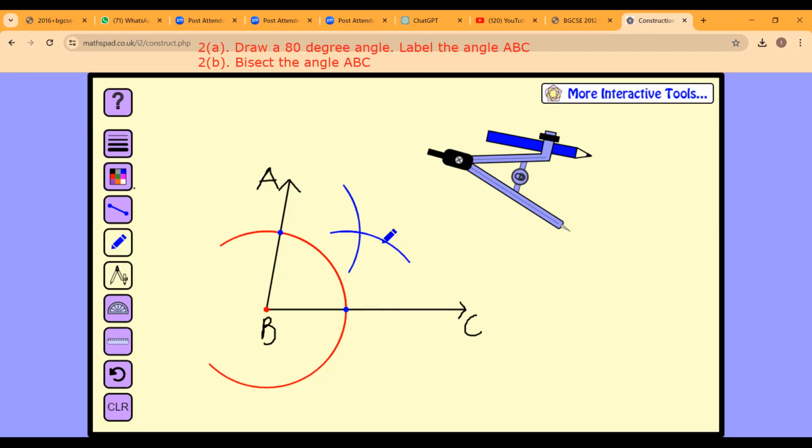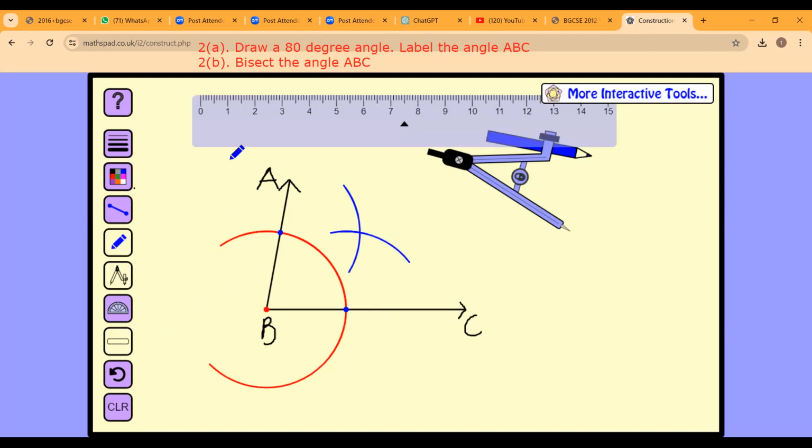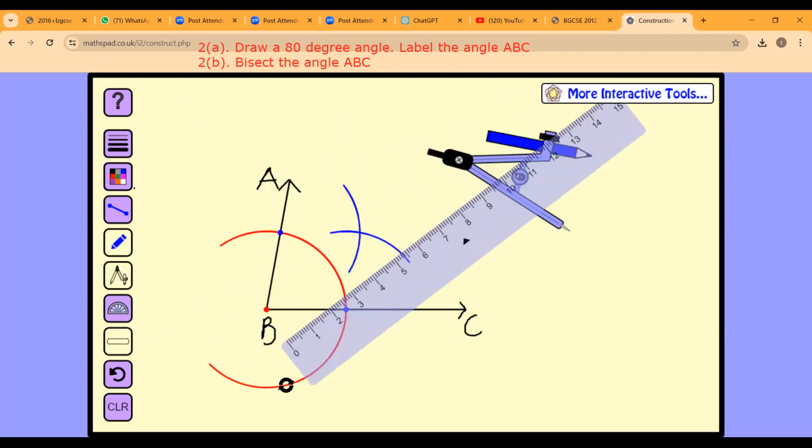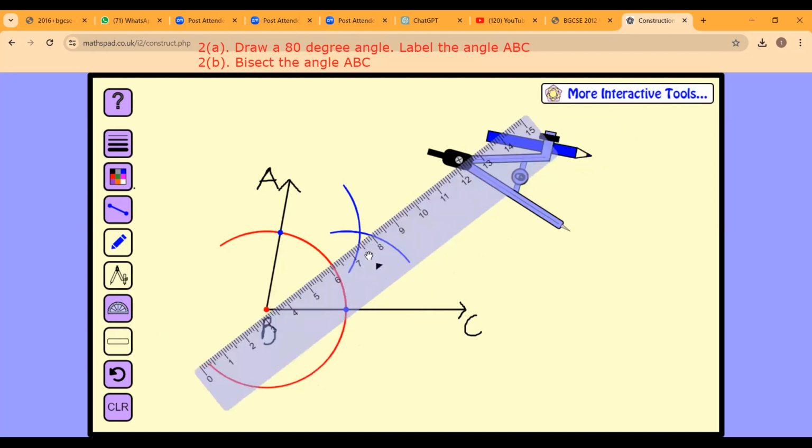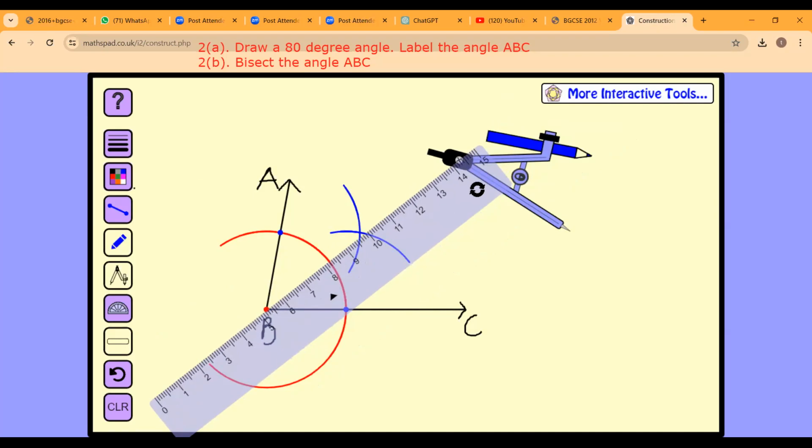We can get our ruler and let it connect B to where the two blue arcs intersect and draw a line. Very good. So we're gonna start at B, and then we're gonna draw a line that goes from B all the way to this particular point. All right. And that's how we're gonna bisect this.